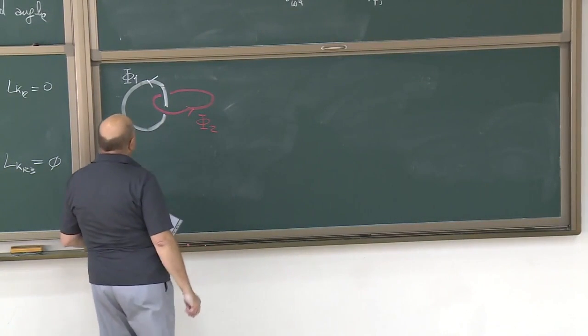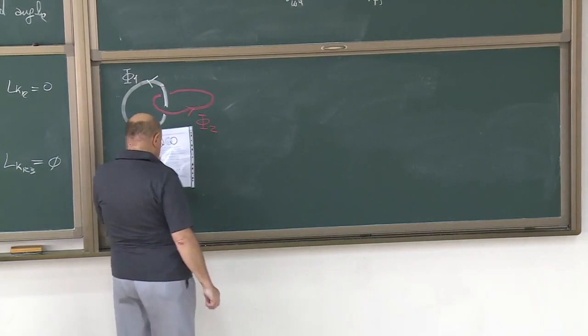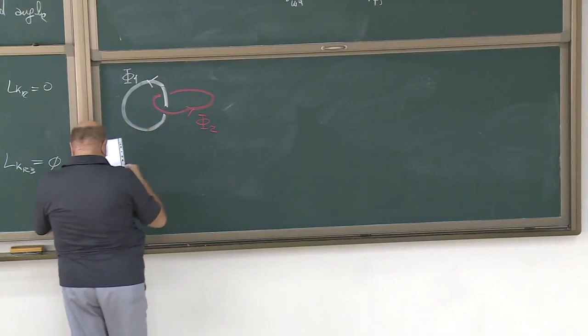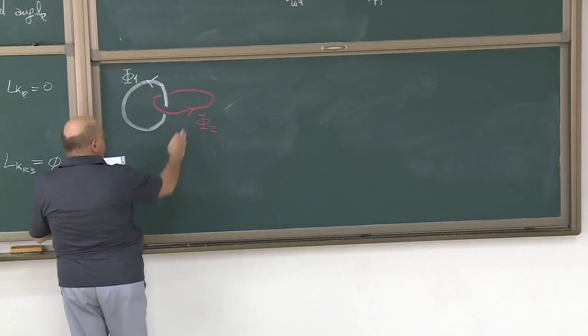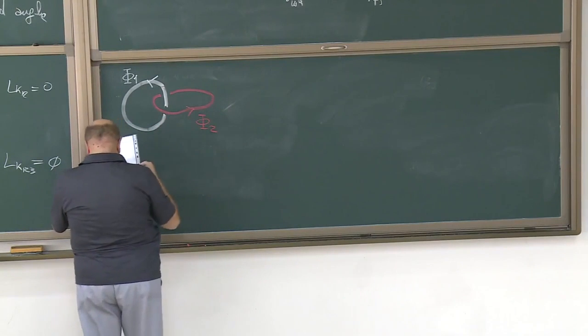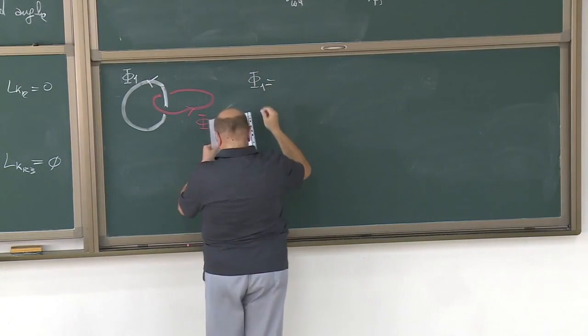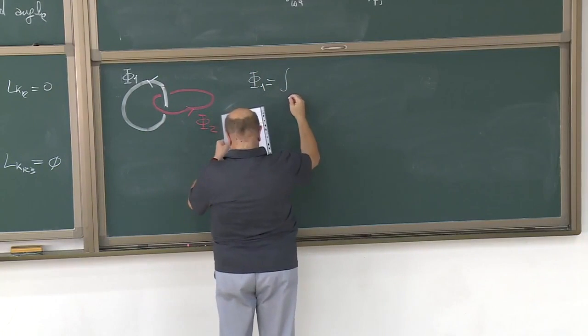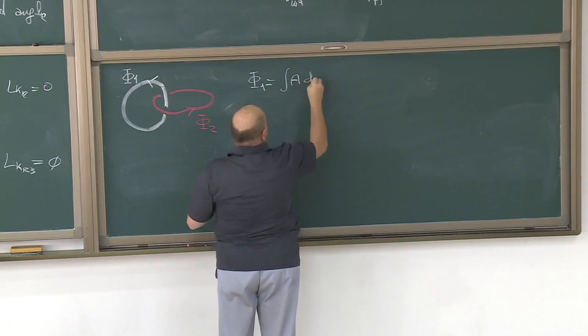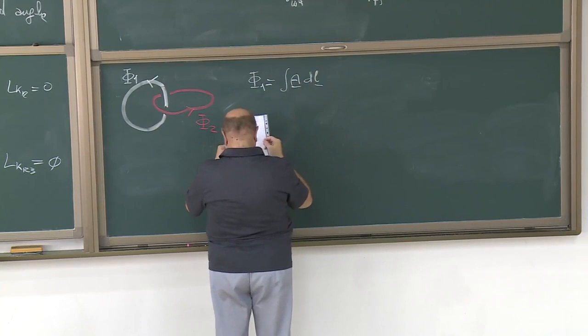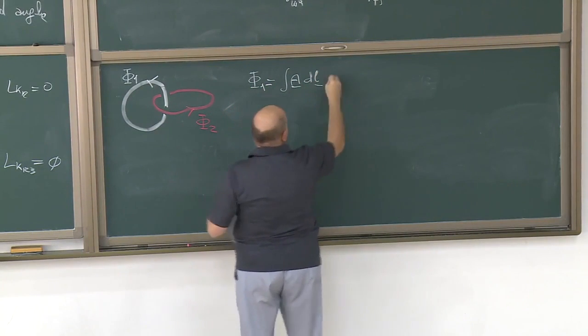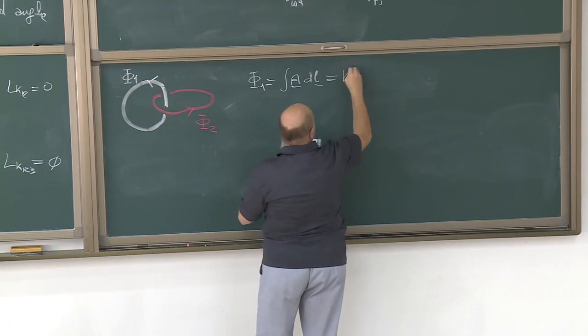So we identified the flux phi 1 with the field B inside, and the flux phi 2 with the field inside the tube. So we have the flux phi 1 equal the integral of A dl. This flux is constant, so let me write it immediately as a constant.